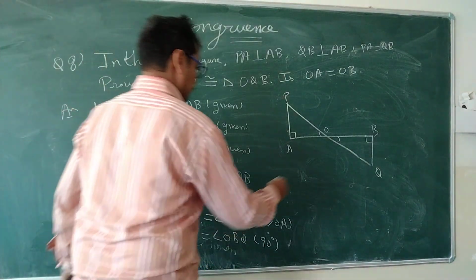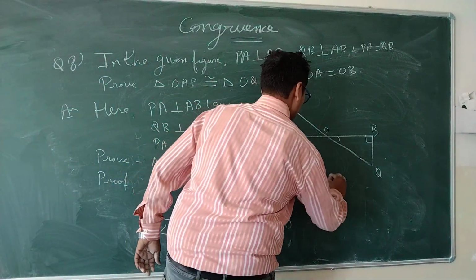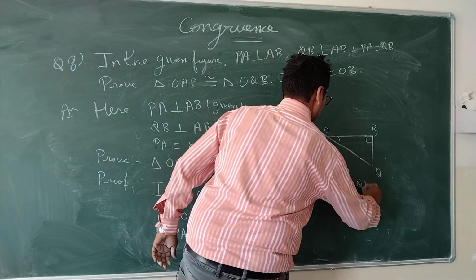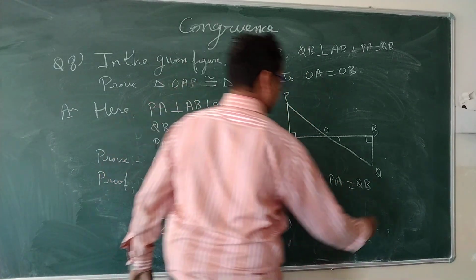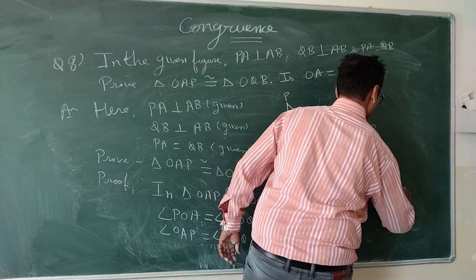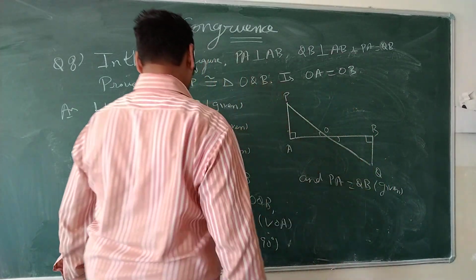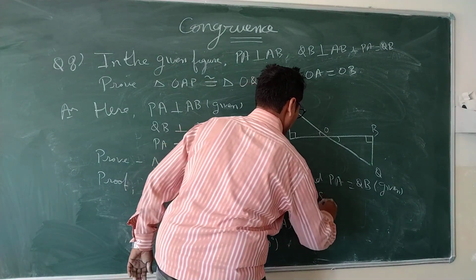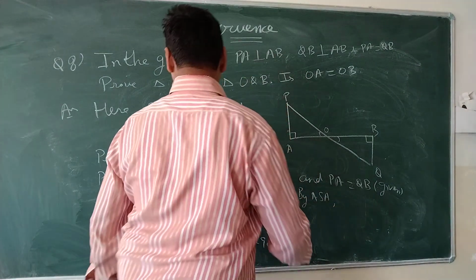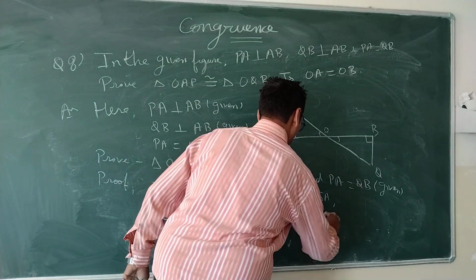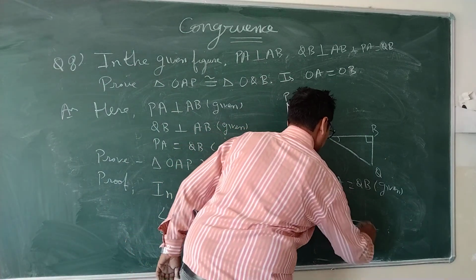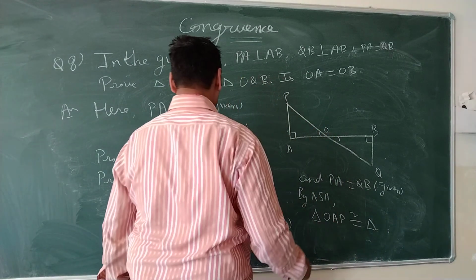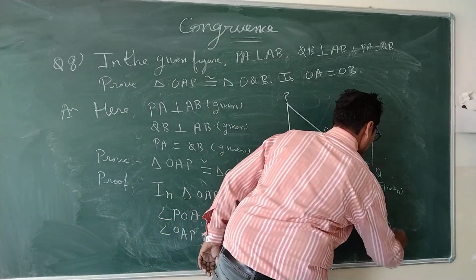And PA is equal to QB. This is given. So by ASA, we can say triangle OAP is congruent to triangle OQB.